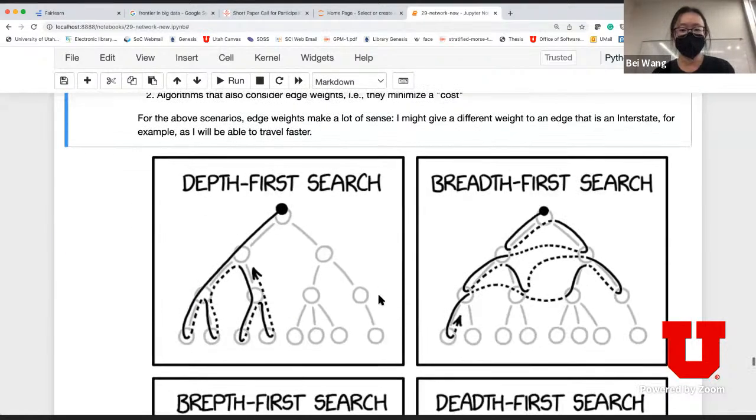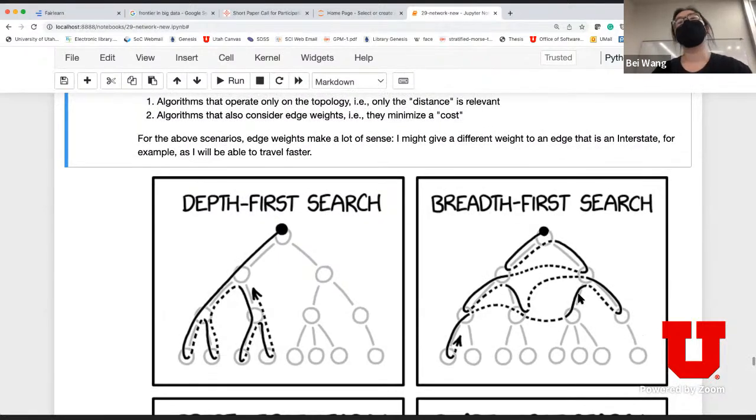Depth first search is mostly illustrated through a tree, but you can do this over a graph. You go to the deepest possible node in your traversal. Breadth first search is where you look at all the nodes that are one hop away from you, and then look at all the nodes that are one hop from them.